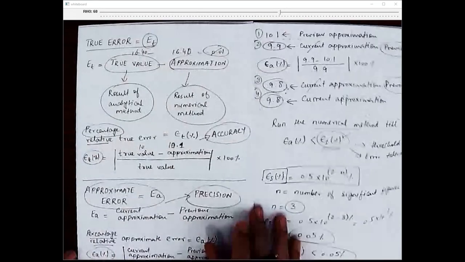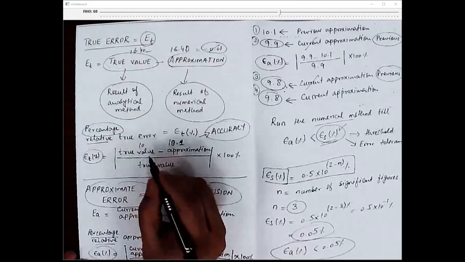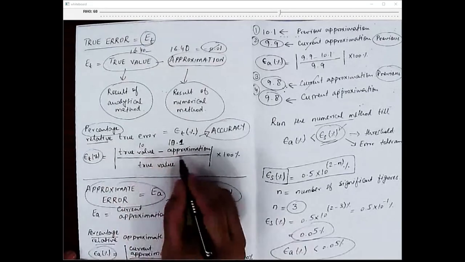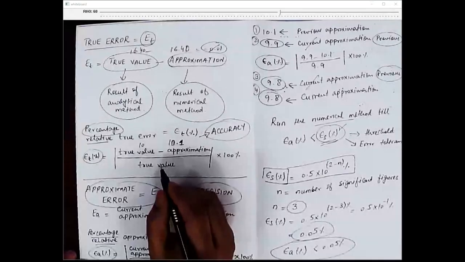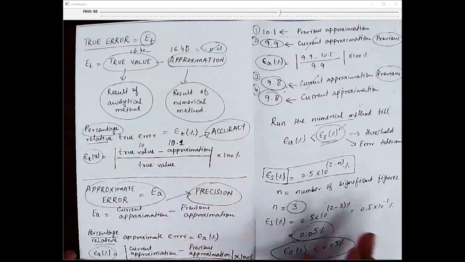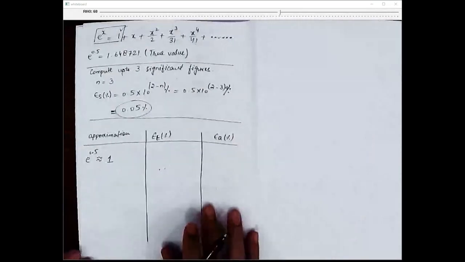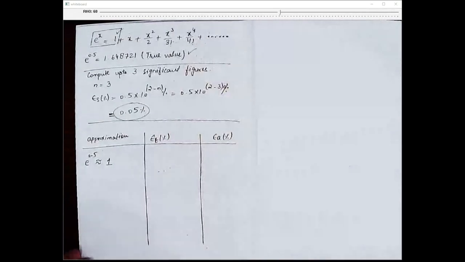So let us go back to the formula. The formula was this one, true value minus approximation over true value. Now I ask this simple question: do we have the true value in this case? Yes, the true value is given. Do we have the approximation in this case? Yes, I just computed it.